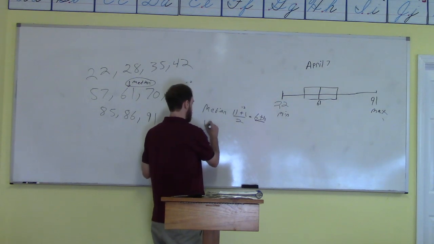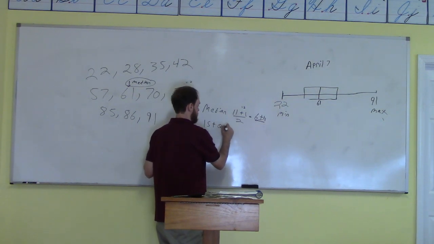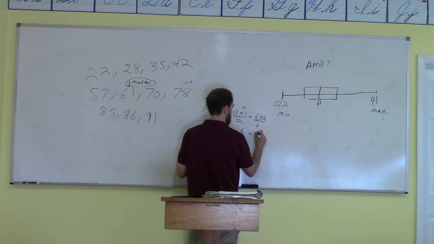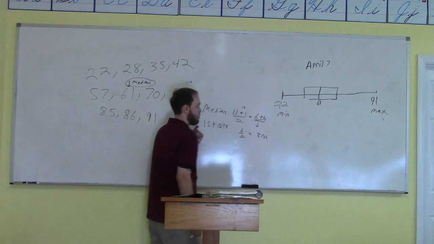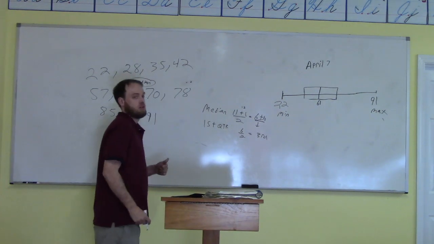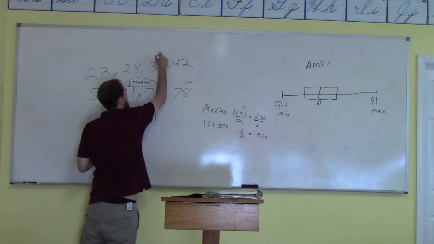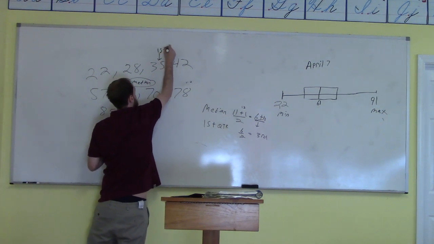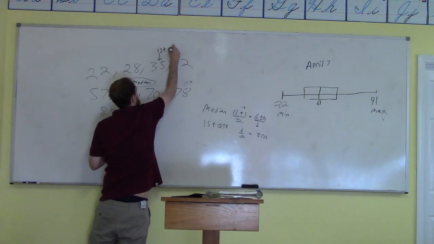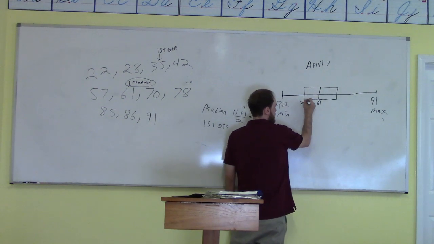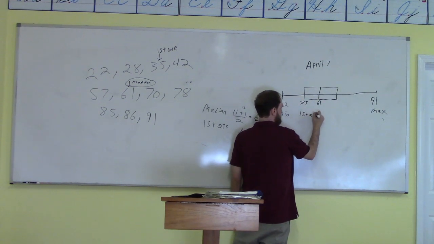So for your first quartile, you're going to take this and divide by 2. So it equals third. So that'll tell you your first quartile. So 1, 2, 3. So 35 is your first. So then 35 comes over here into this blank as your first quartile.